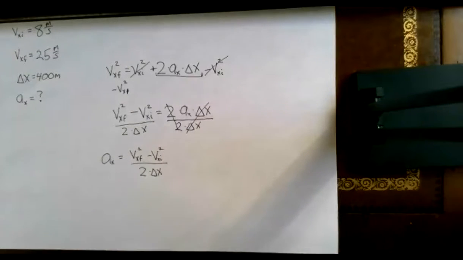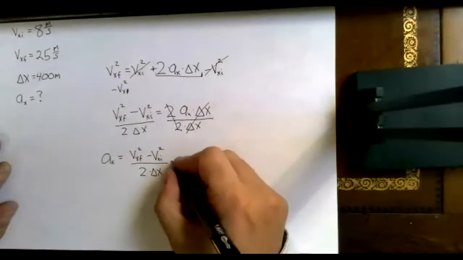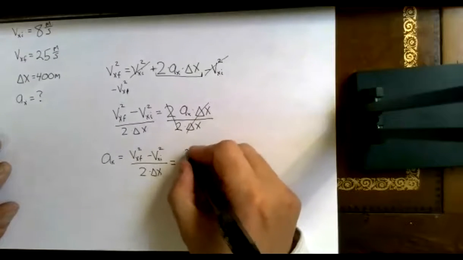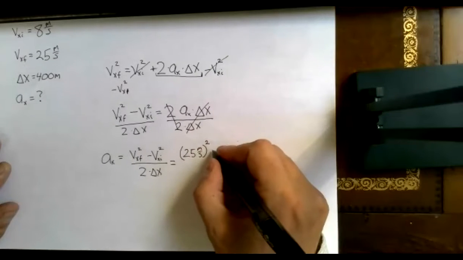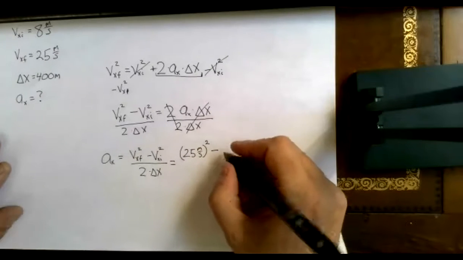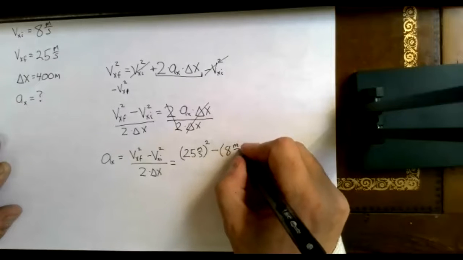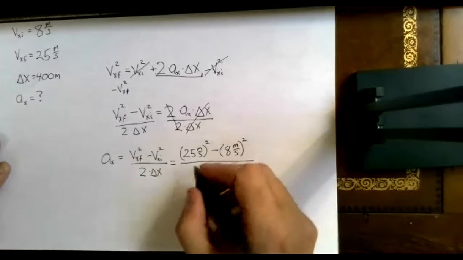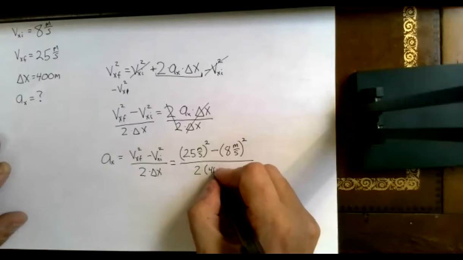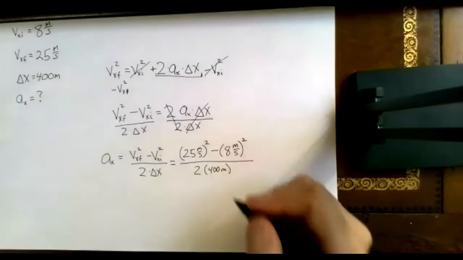Okay. Now that we've got it rearranged, we can go ahead and plug in our numbers. Our final velocity was 25. So 25 squared minus our initial velocity, which was 8 meters per second. We'll have to square that. And then we'll divide that by 2 times 400 meters.